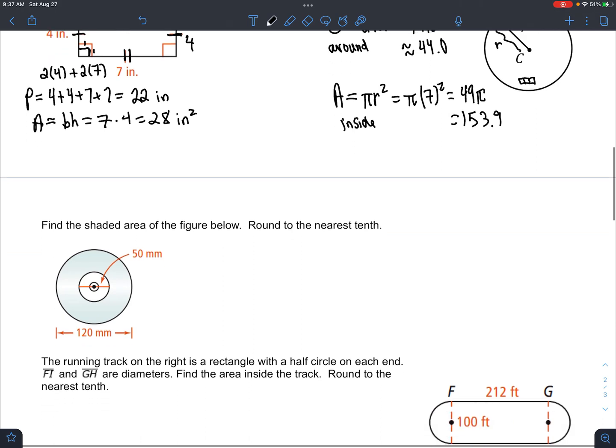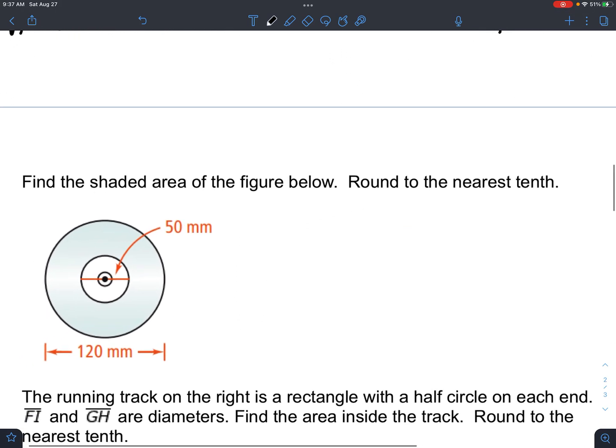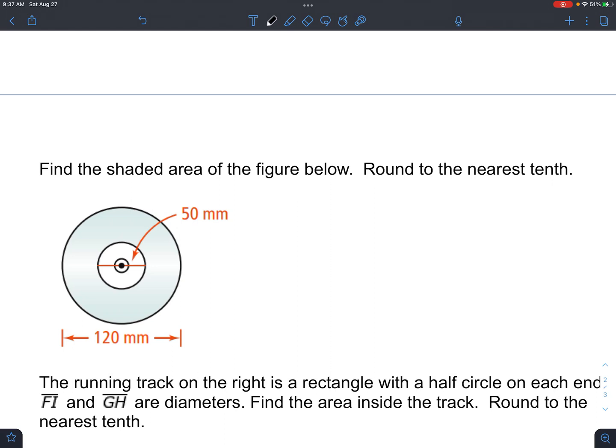We could have a complicated figure. So this is like a DVD or something. It wants us to know the shaded region. So we can set up an equation based on the picture.